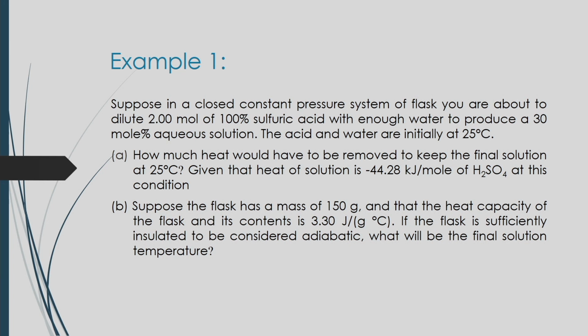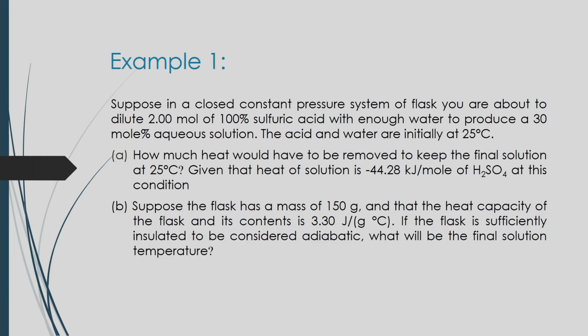In this case, the acid and water are initially at a temperature of 25 degrees Celsius. Now, see that there is sulfuric acid of 2 mole capacity, which is mixed with enough water to produce a 30 mole percent aqueous sulfuric acid solution there.